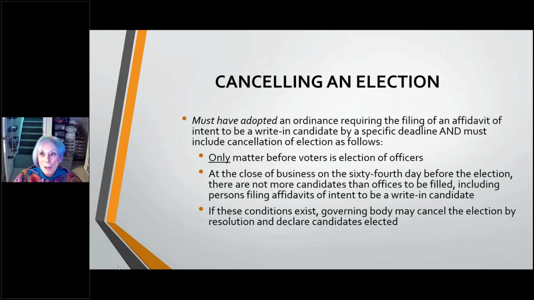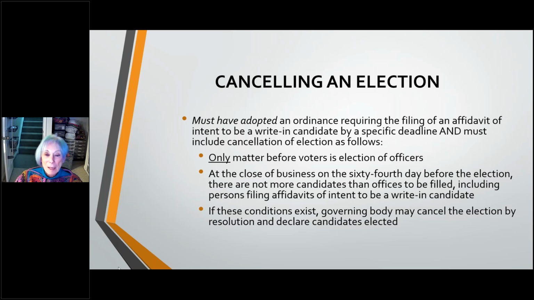And now we're going to talk about canceling the election. The first requirement for canceling the election is that the governing body must have passed an ordinance that does two things.